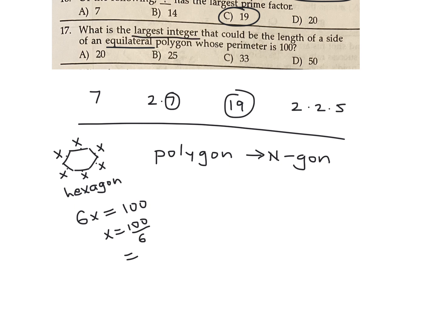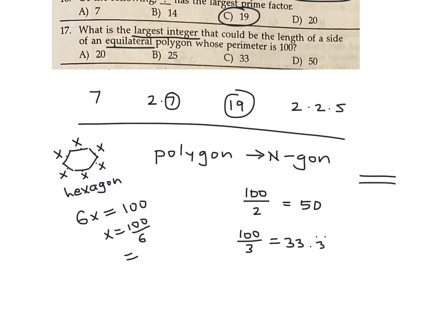Okay, I got it. I was a little confused at the question. So basically what we're looking for is something that divides into 100 properly. Okay, I got it. So 2 does. That would mean each side is 50, but you cannot make a polygon with 2 sides, right? It wouldn't be a polygon. It has to have more than 2. So let's try 100 divided by 3, and that's 33.3333, right?